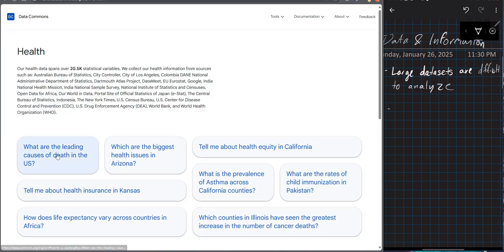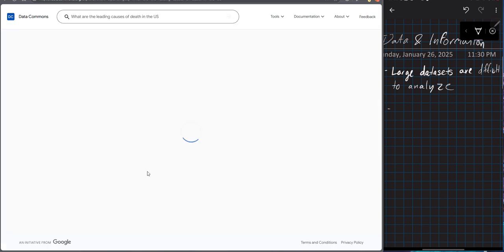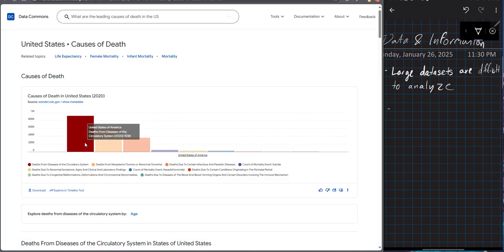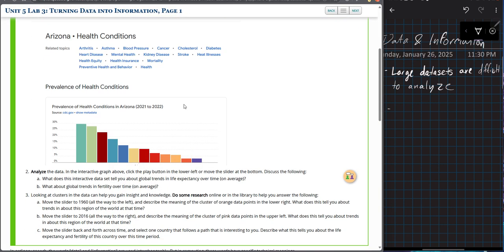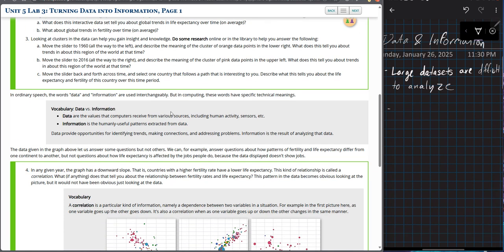So for example, health, which are the leading causes of death in the U.S. And you have death from diseases in the circulatory system, and you have this graph, right? These are different causes. This is how many people die. Yeah, I mean this is information, right? And that's what the lab page in the bottom says. I mean data, right?